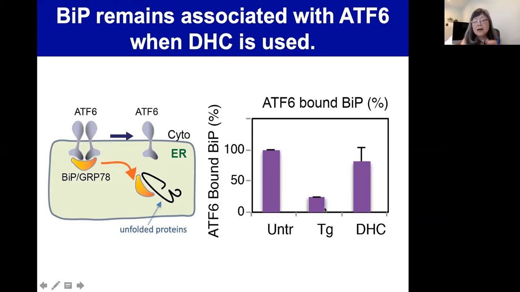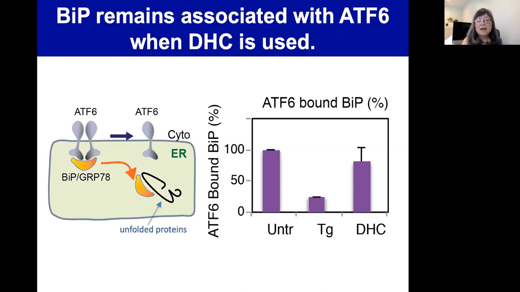But when we treat cells with thapsigargin to induce ER stress, BiP dissociates, presumably working on unfolded proteins. With DHC or DHS, BiP still remains associated with ATF6, suggesting that not too many unfolded proteins are present in the cell when we add DHS or DHC.